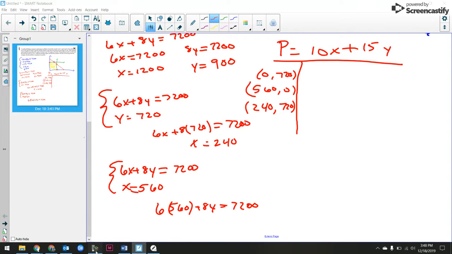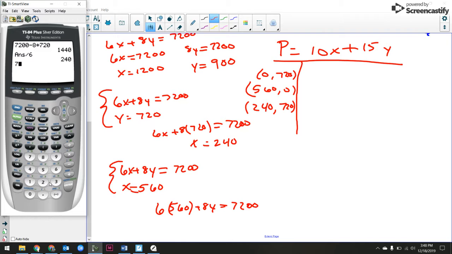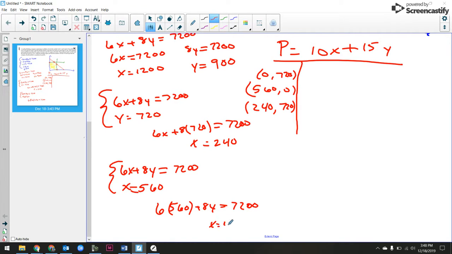Let's figure this one out: 7,200 minus 6 times 560, divided by 8, is 480. So y equals 480, and that coordinate is 560, 480.